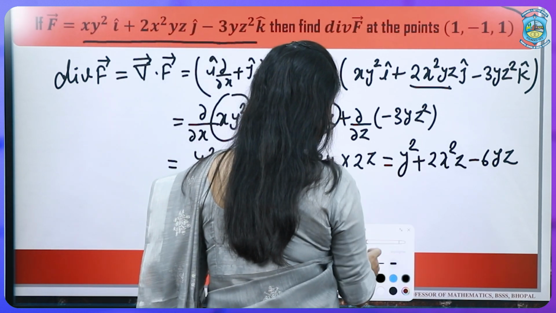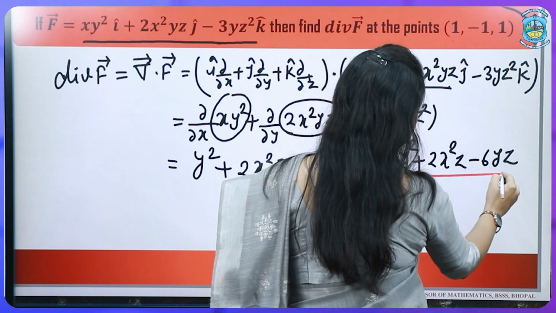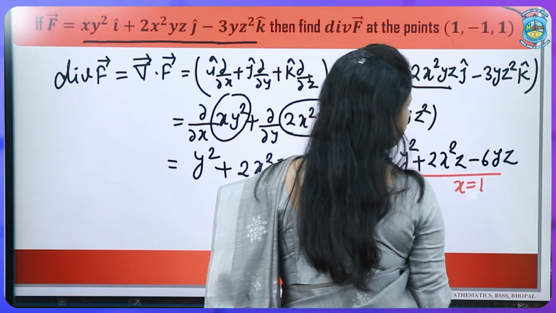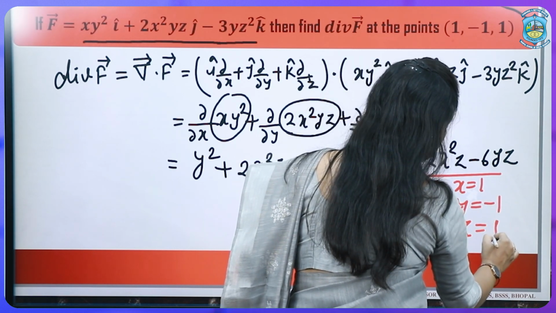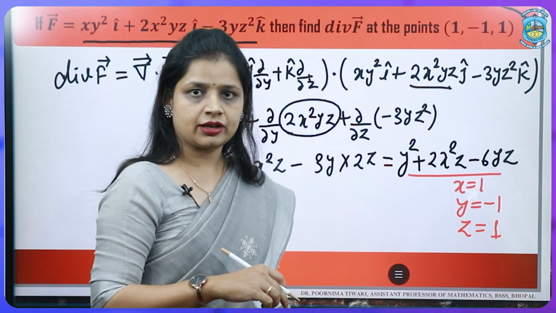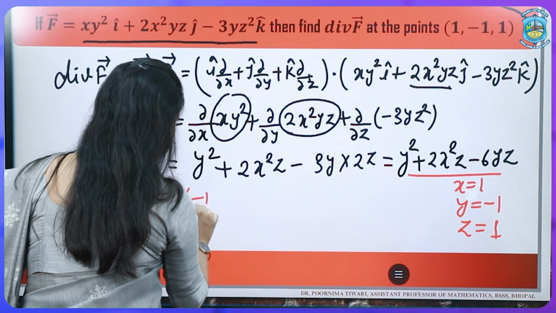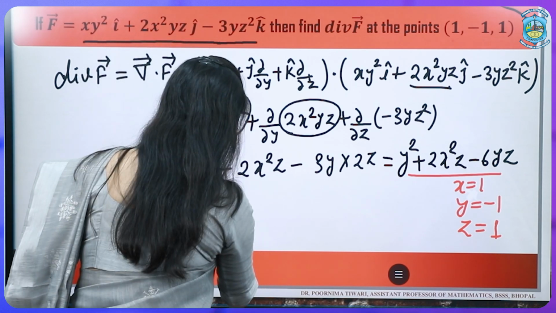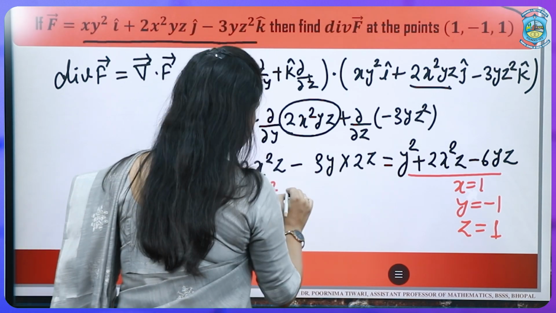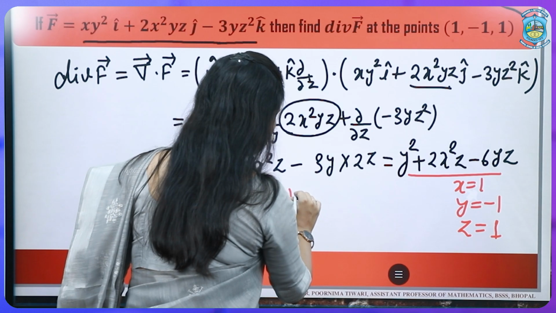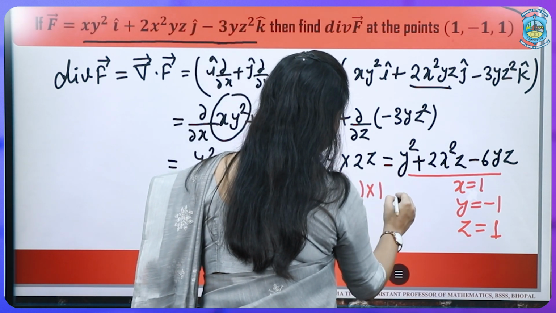Now, we have to find the value of divergence at this point. That means, in this value we will substitute x equal to 1, y equal to -1 and z equal to 1 to get the desired value. So, after substituting, y square, that is (-1) square, plus 2 as it is, x square means 1 square, z multiplied with 1, minus 6, y is -1 and z is 1.